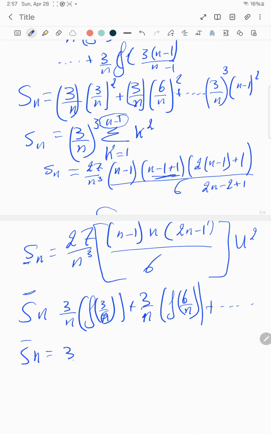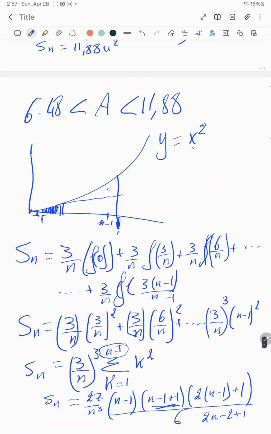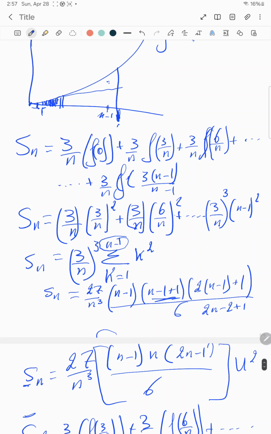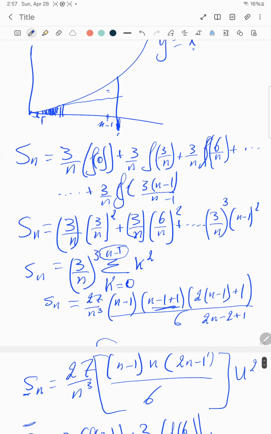my sum would be 3 over n to the power of 3 times, let's say, k squared, but this time k starts from 1 to n. The previous one, my k starts here, here my k starts from 0 to n minus 1.